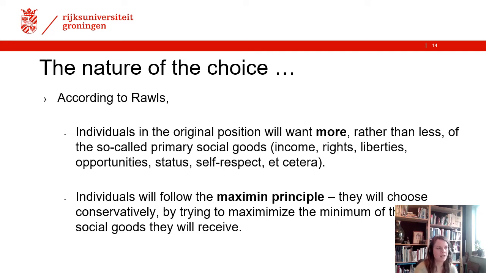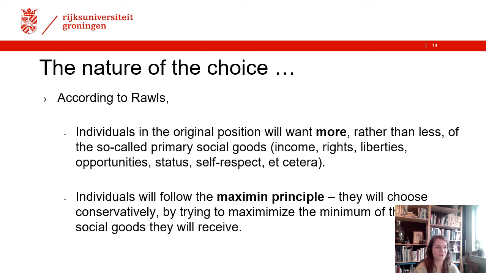I guess it's also very intuitive. You would like to be in the best position rather than the worst of the options. He called this the Maximin principle. Individuals will choose to maximize the minimum of the primary social goods that they will receive.